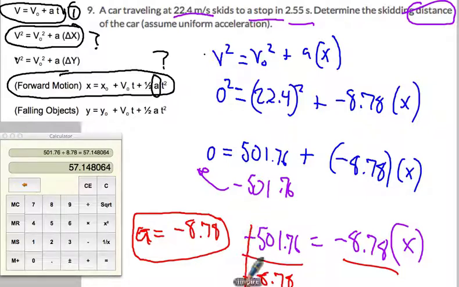The negative signs cancel, and we get a distance of right here. X equals that. In meters, the distance would be in meters. So those are the 3 different types of questions you're going to have to do. I hope those help.